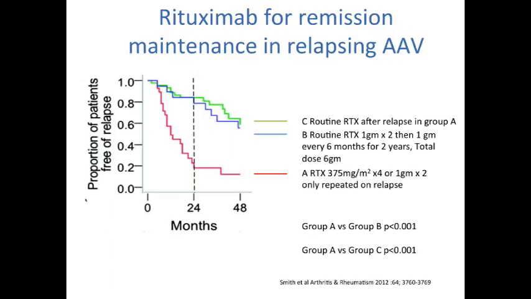And the green line represents Group C, who were patients treated as Group A, but then relapsed and then were treated as Group B. What you will see is that there's quite a clear, significant difference between the patients who received a protocolized course of 2 years of treatment of rituximab compared to those who were treated only on relapse.